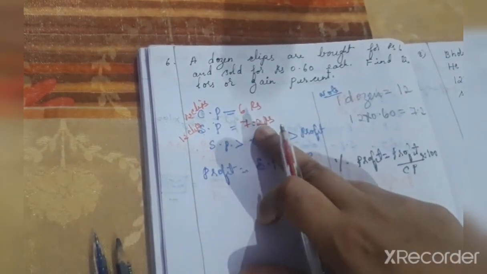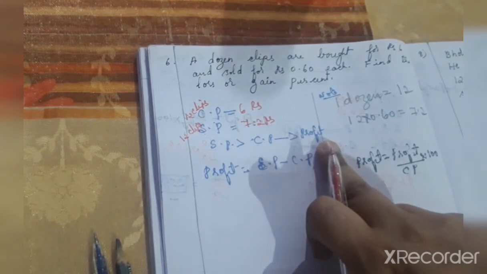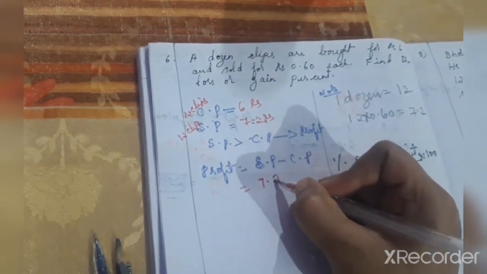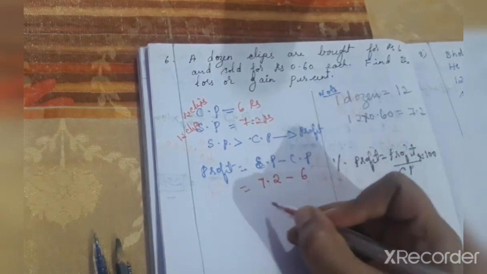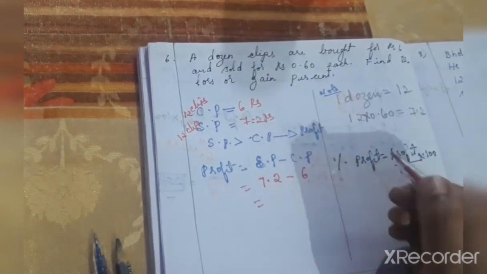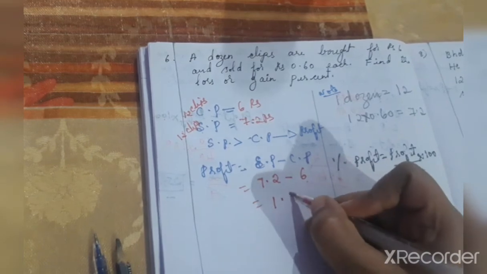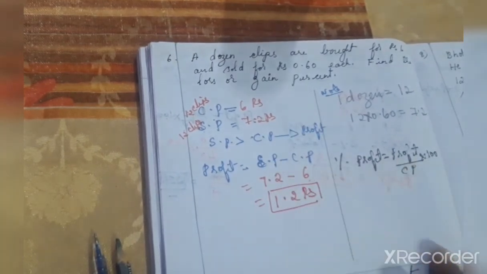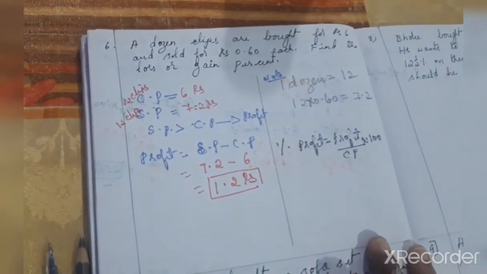So here the selling price is greater than the cost price, then we get a profit. In the profit formula, 7.2 is the selling price and 6 is the cost price. 7.2 minus 6 means 1.2 rupees is the profit.